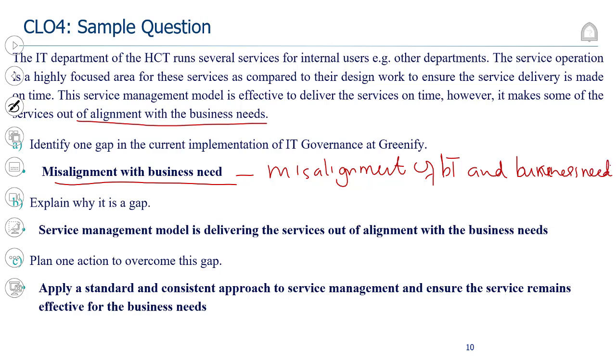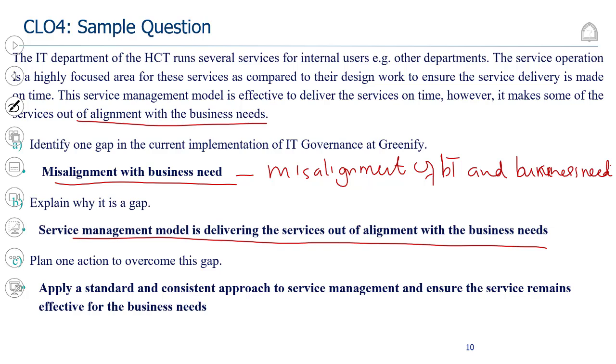Okay, the two are not aligned. Explain why. Because the answer is there. Because the service management model is delivering services which are out of alignment with the business needs. It's there. They are having this service delivery model that is making things not aligned. So that is why it is a gap.